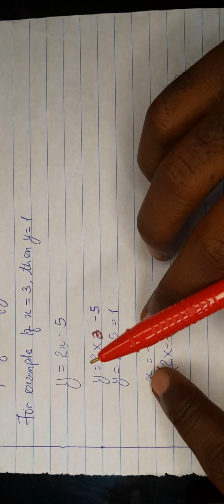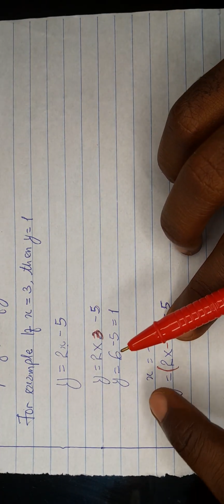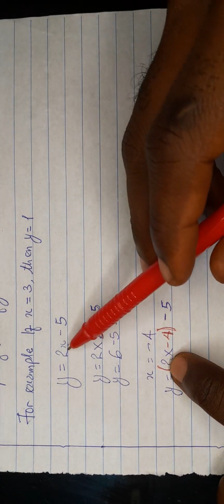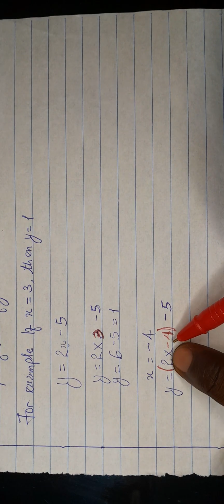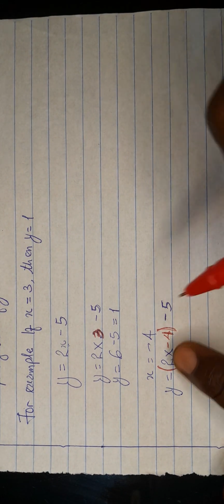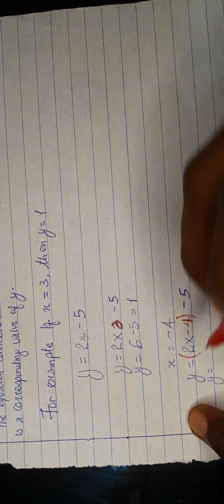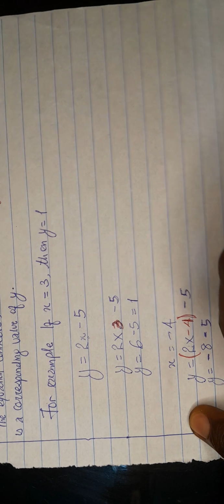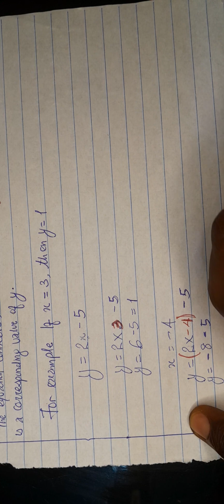Now what I bracket here is the value of 2 and x. This is the truth that we've been saying right from the beginning, and x is minus 4, so it is y equal 2 times negative 4 is negative 8 minus 5, so y equal negative 13.